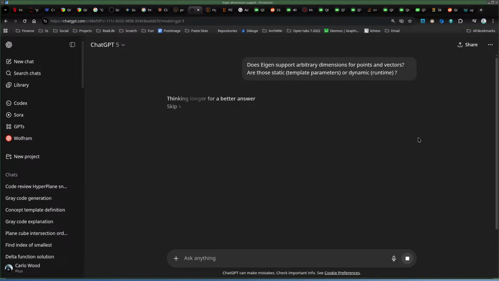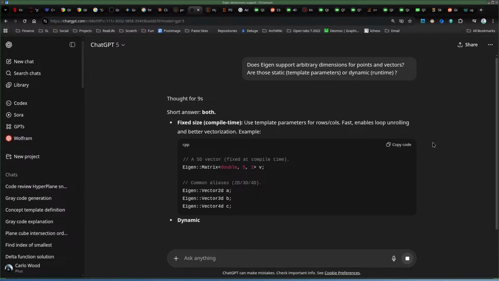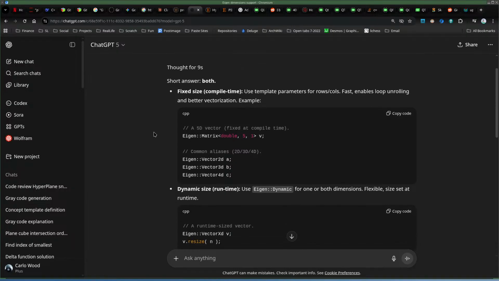Oh, it's Claude vibe. Let's think long, and then only 9 seconds. Both fixed size, compile time. Use template parameters for rows and columns, fast, enables loop unrolling and better vectorization. Example, a 5D vector, fixed size at compile time. 5x1. Okay, it's a matrix. It has aliases 2D, 3D, and 4D.